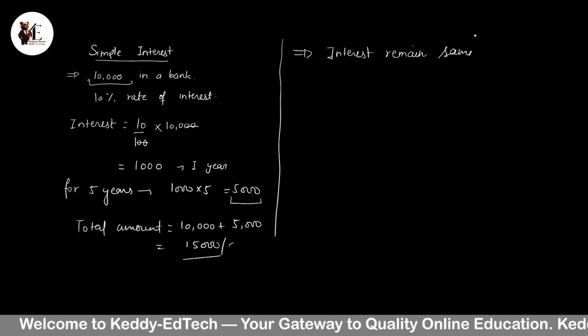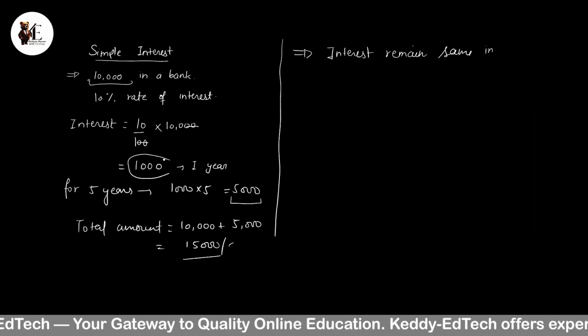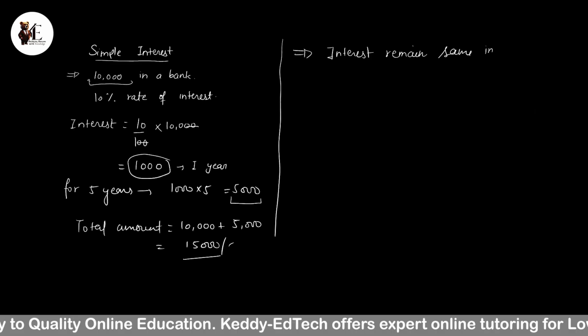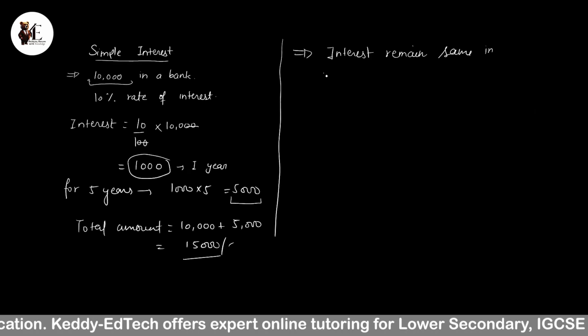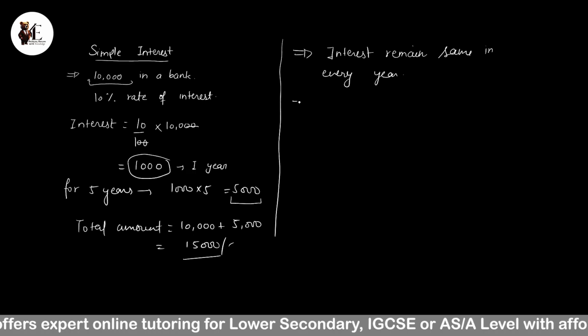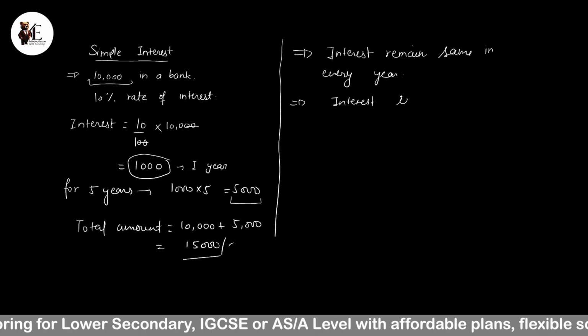It remains the same in every year. Means 1,000 was interest in the first year, so 1,000 will be in the second year, third year, fourth year, and the fifth year. So interest remains the same in every year. And interest is always calculated on the principal.